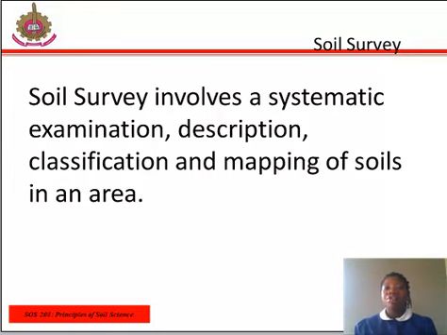A soil survey report consists of two parts: the soil map, which is accompanied by a description of the area shown on the map. The two main conventional methods of soil survey are the rigid grid procedure and the free survey method. In the rigid grid procedure, transects are used.